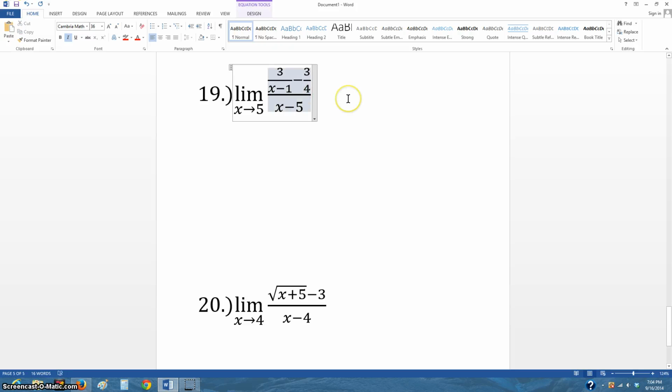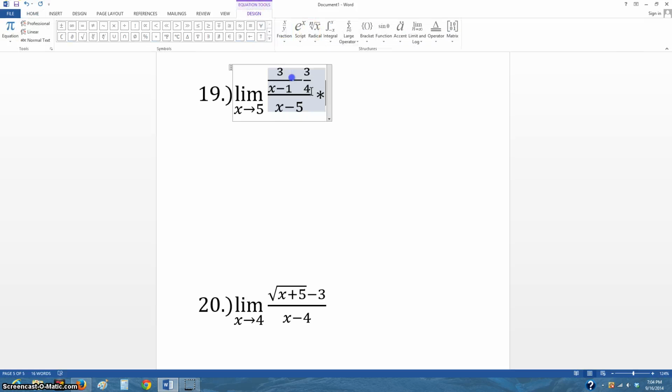So what I will do is multiply in a fancy way. Notice that direct substitution didn't work in this case because if you were to plug in 5, you get 5 minus 5, which is 0. So my fancy way of multiplying will be 4 times x minus 1 over 4 times x minus 1.